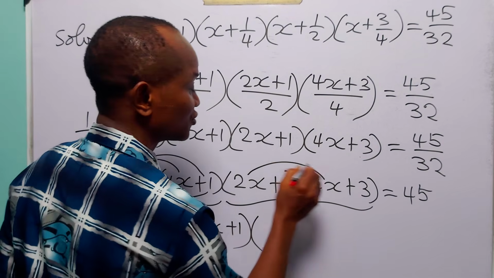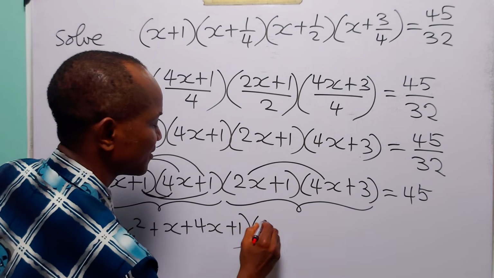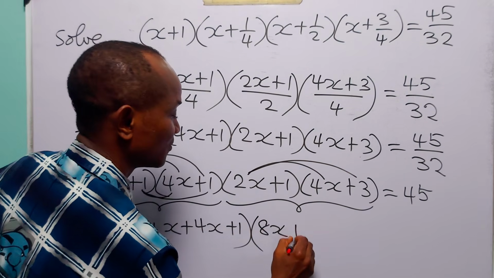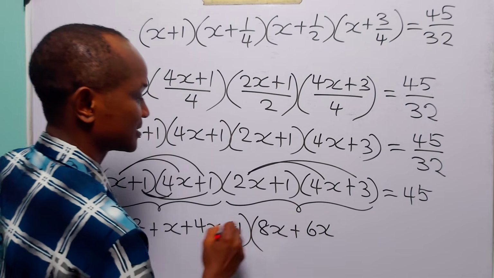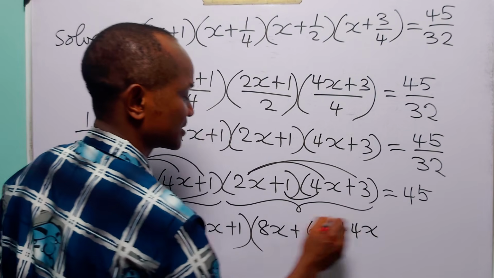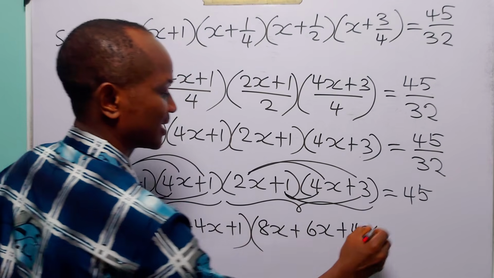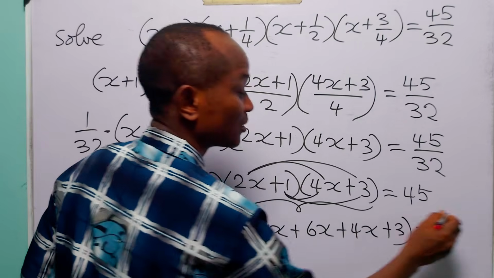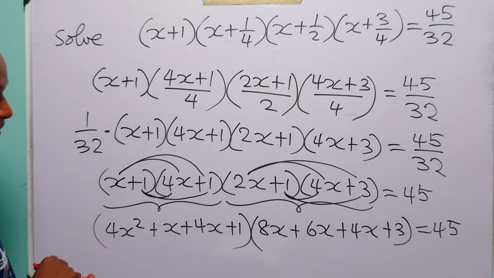Then here we have 2x times 4x, which is 8x squared. 2x times 3, which is 6x. 1 times 4x, which is 4x. And 1 times 3, which is 3. This is still equal to 45.